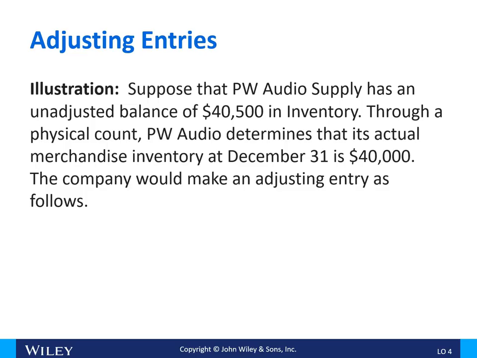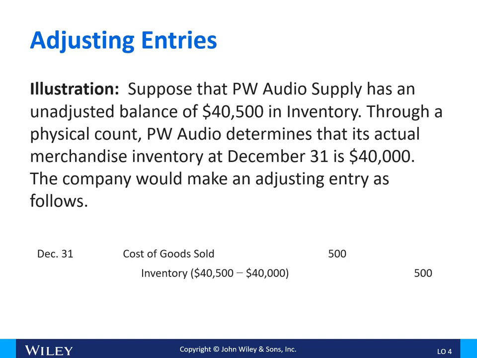The entry we make to adjust that is to debit cost of goods sold 500, credit inventory 500. So we're going to reduce our inventory from the 40,500 on our books to the 40,000, which is the actual count. To reduce inventory, we credit it. The other side of that is to debit our cost of goods sold.